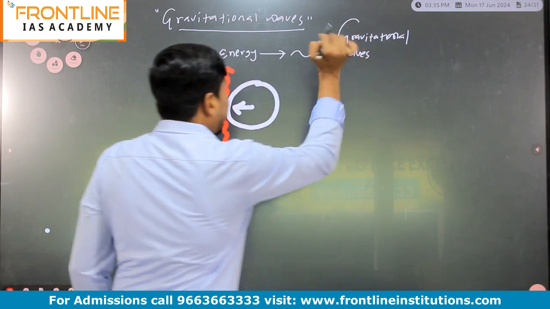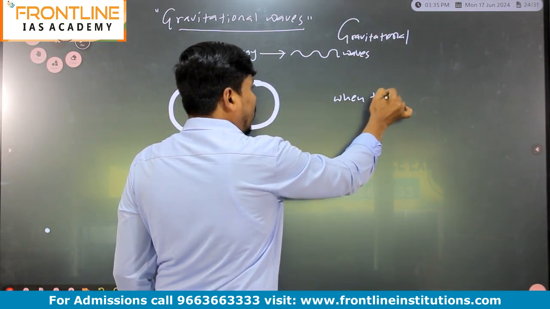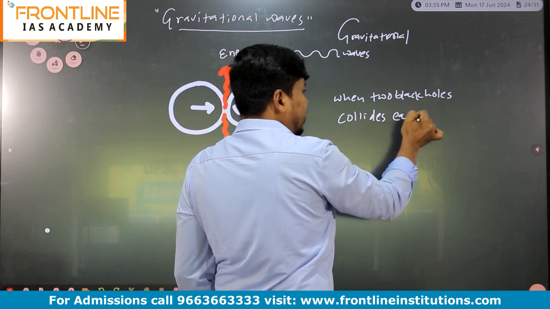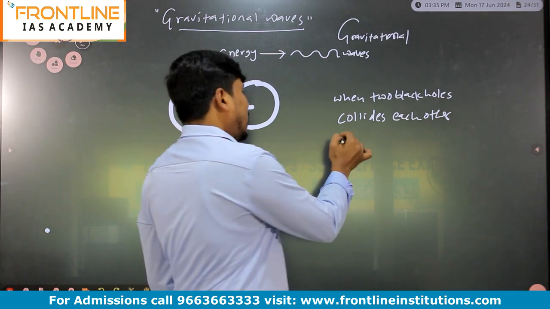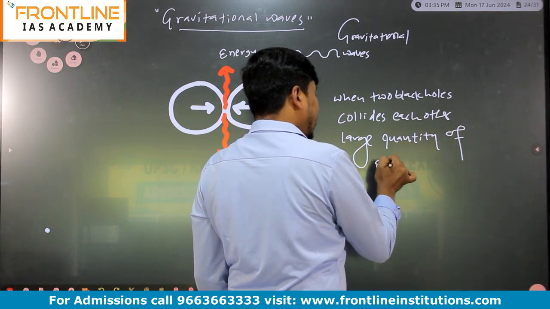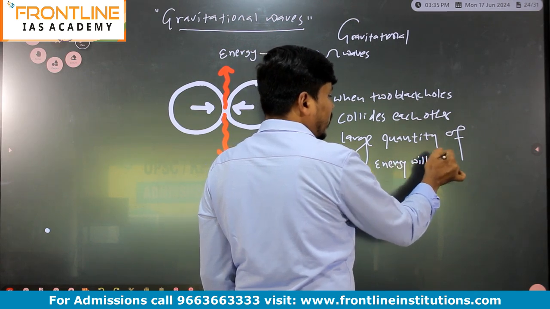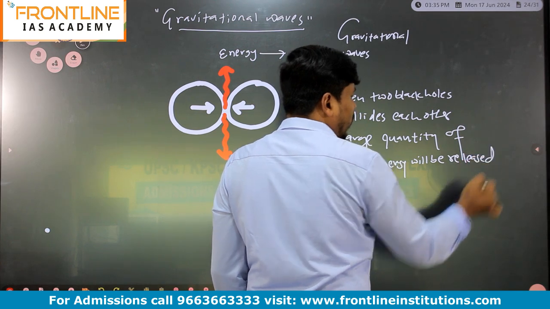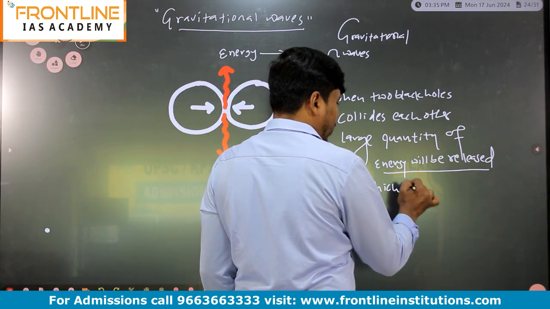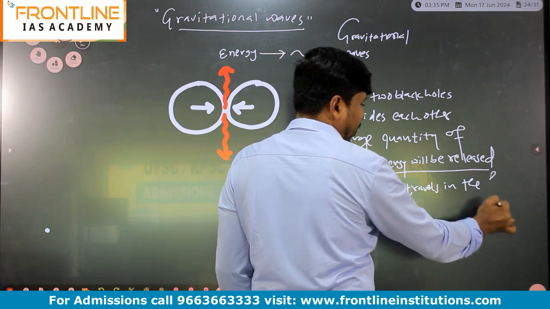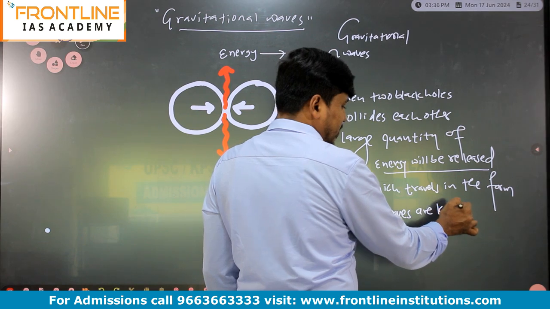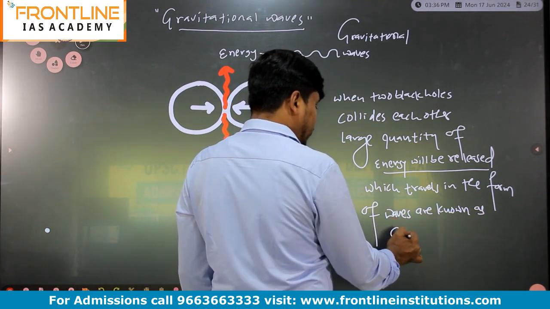Just write on one line: gravitational waves meaning, when two black holes collide with each other, a large quantity of energy will be released, which travels in the form of waves, and these are known as gravitational waves.